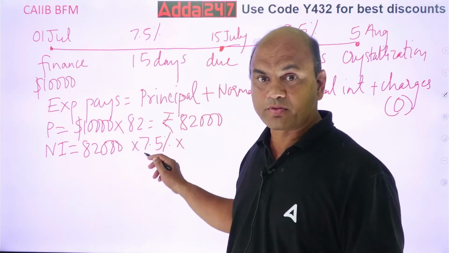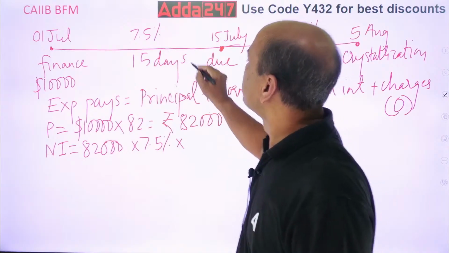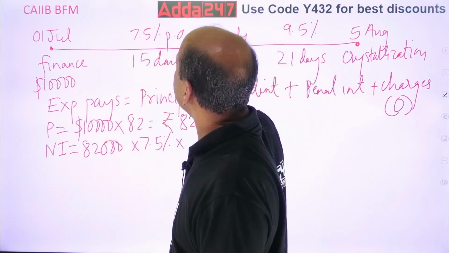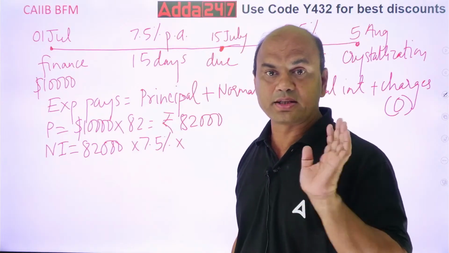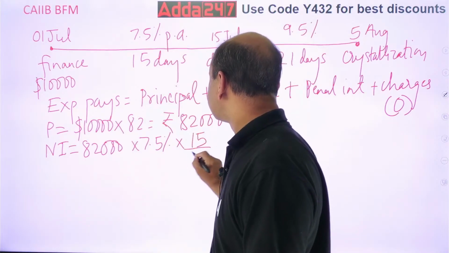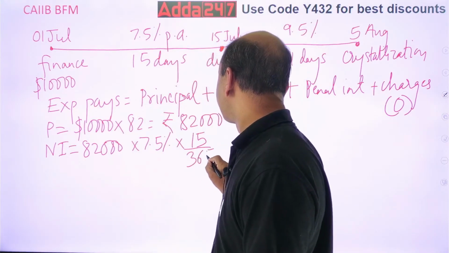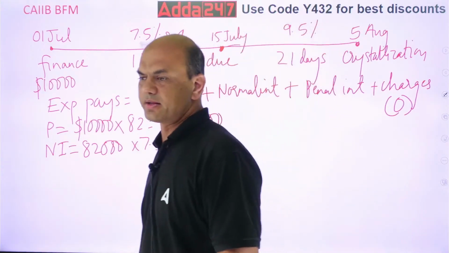This 7.5% is per annum, for 1 year. But am I charging him for a year? No, I am charging him for only 15 days, so into 15 upon 365. This is what you need to understand.